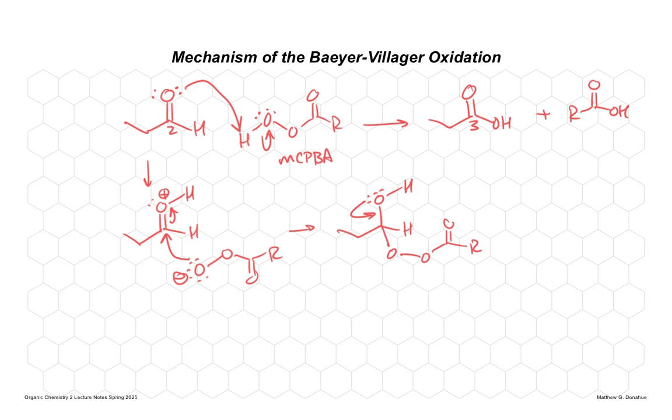So the bond that we're going to break is that CH bond. So this is going to migrate over. And the OO bond is already weak to begin with. When you have two heteroatoms bonded together, it's pretty weak. So when we do that, we can then push those electrons onto that other oxygen.